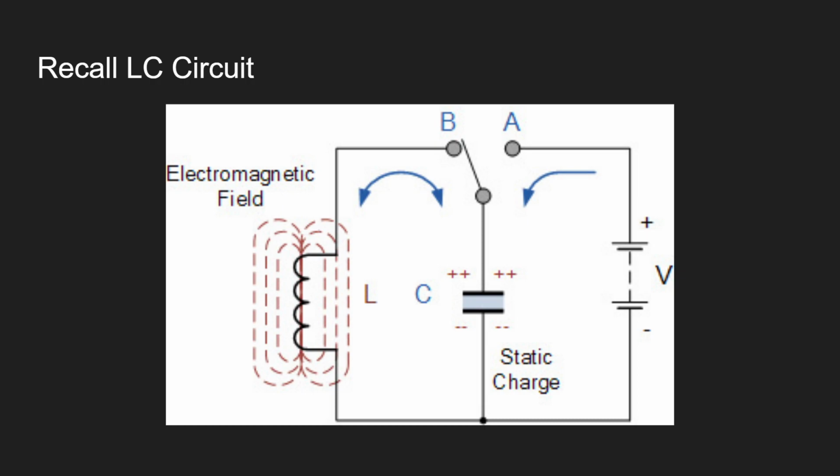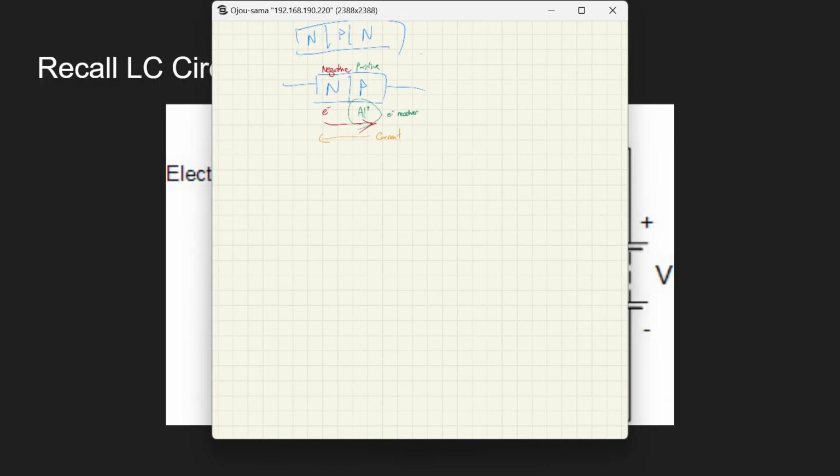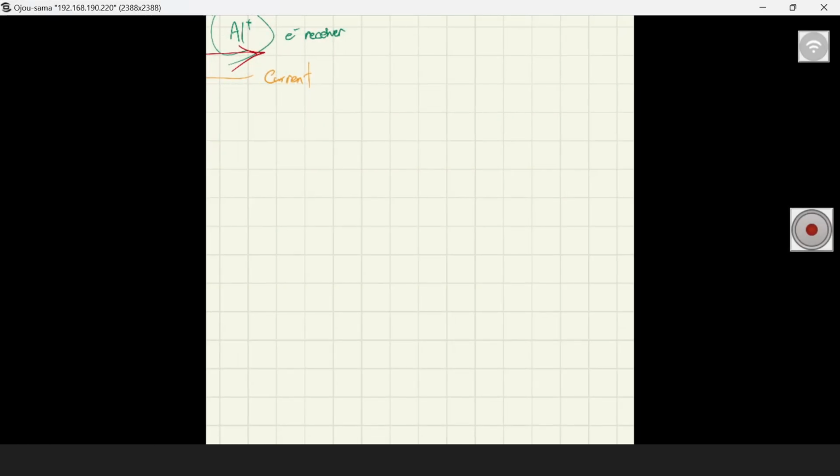So before it can work, okay, it works. Very good iPad. Once again, let me explain to you. LC circuit. Just a minute. Hey, hey. Come on. Okay. Never mind. I'll just skip this part.